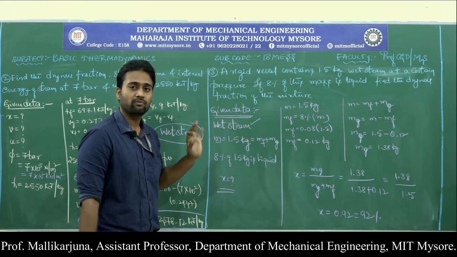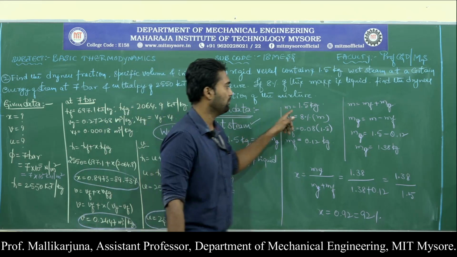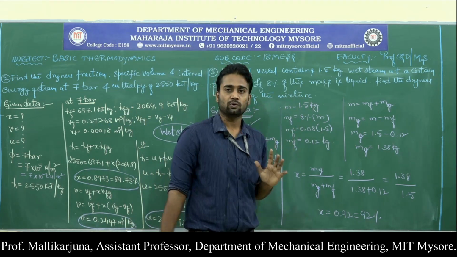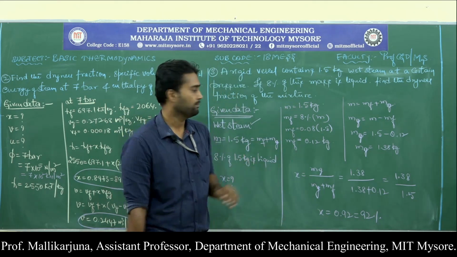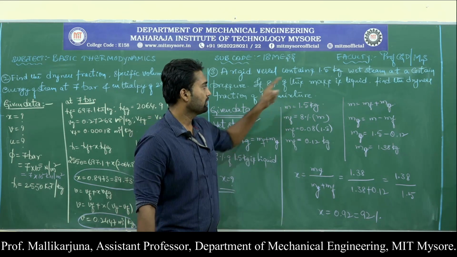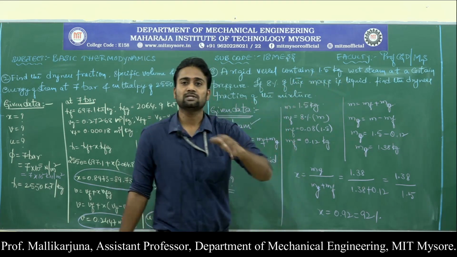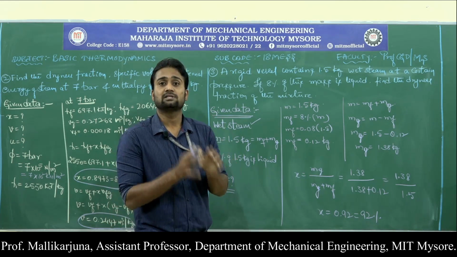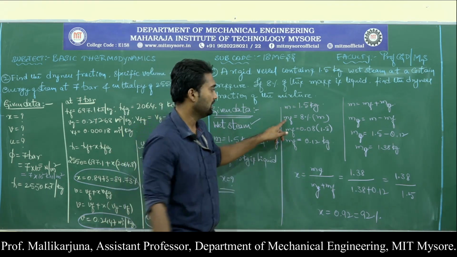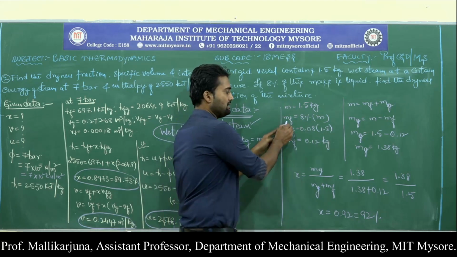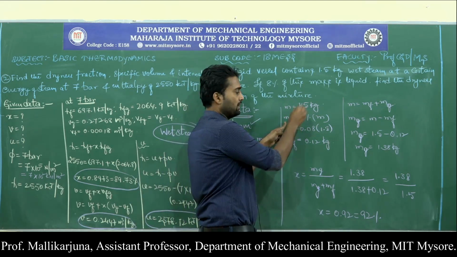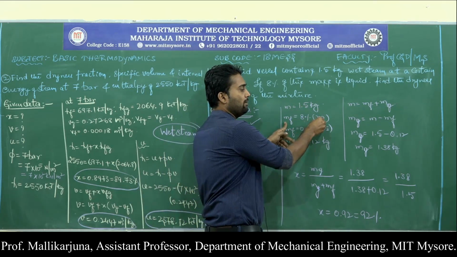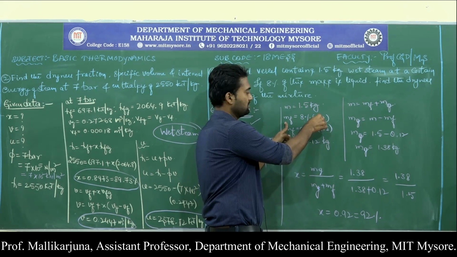The formulation looks to be very simple. Let me look at the formulation now. Mass of the wet steam is known, which is nothing but 1.5 kg. Now the mass of the liquid is given to us in terms of percentage. So I will write that over here. Mass of the fluid is 8% of total mass of the substance.